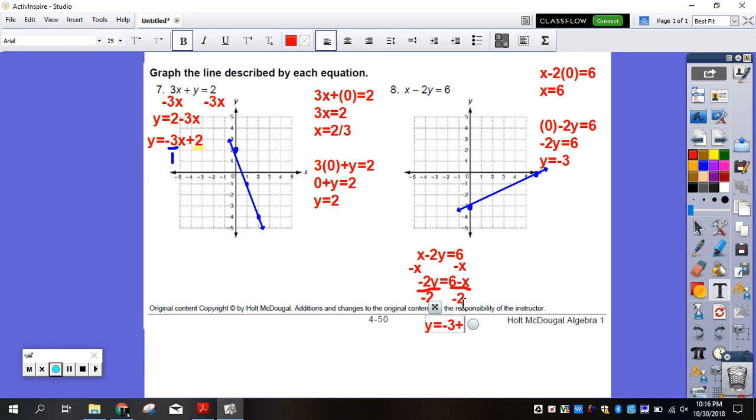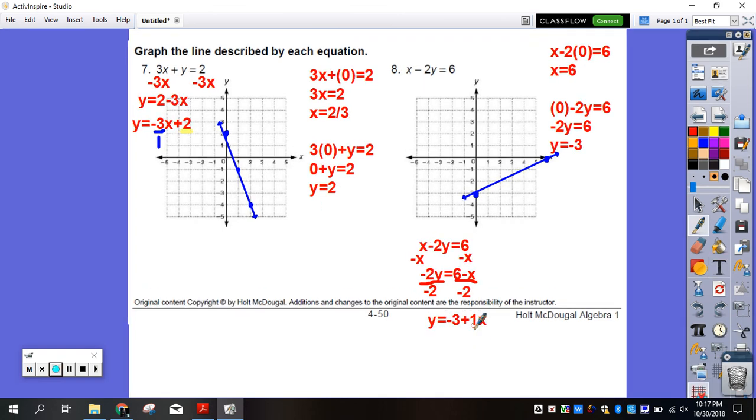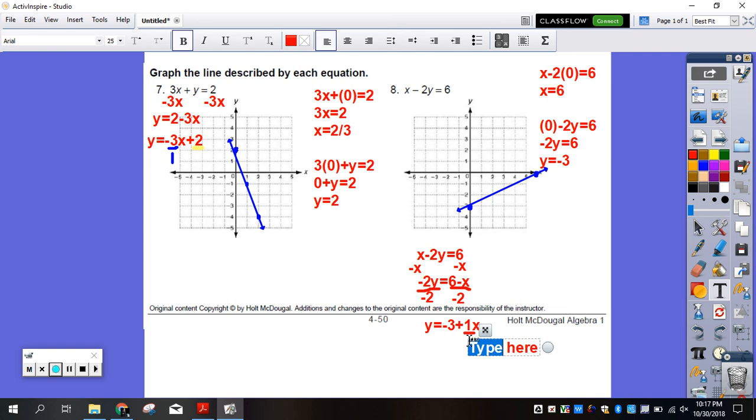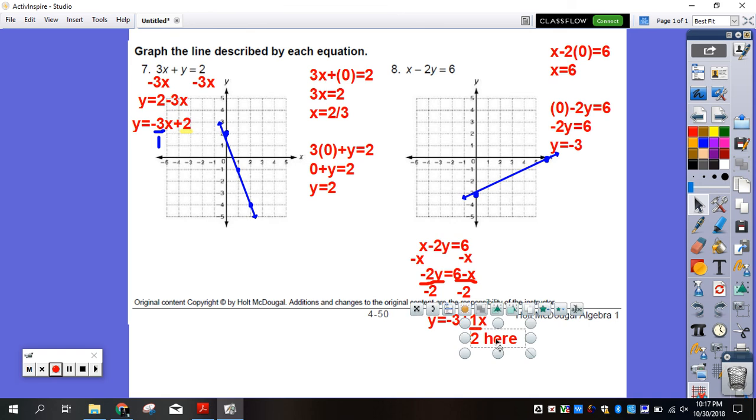Well, that's a decimal. So I'm going to leave it as a fraction, because fractions are preferable. So that would be 1 over 2, and then x. So I'd have my 1 over 2 as my coefficient.